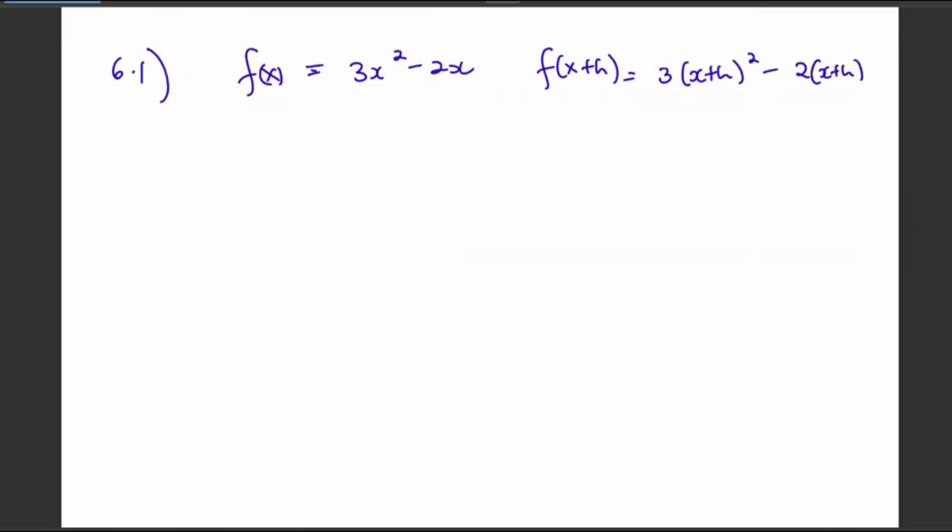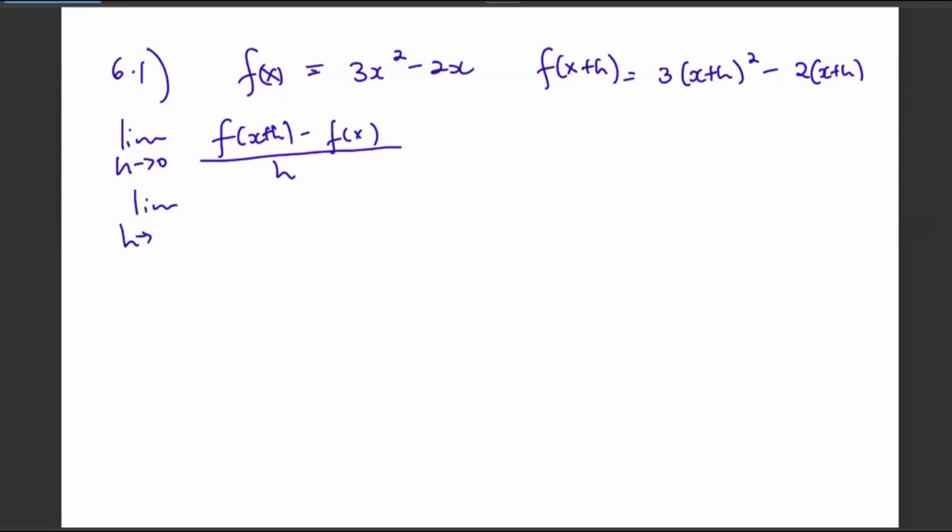Where there is x, we have to increase it with just a small h. Then the formula tells us the limit as h tends to 0 of f of x plus h minus f of x, all over h. So we do the substitution.